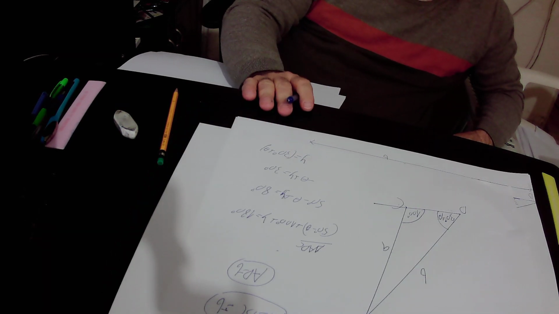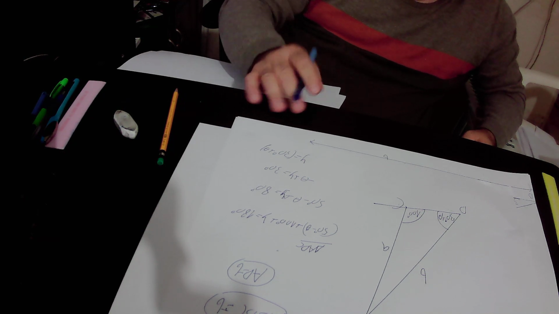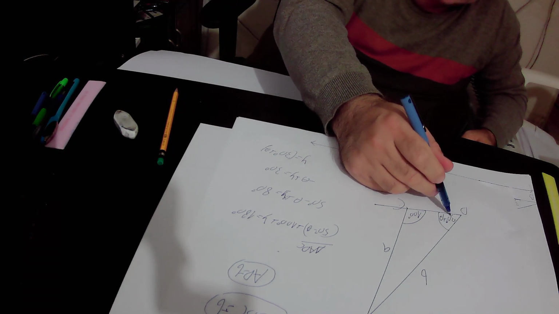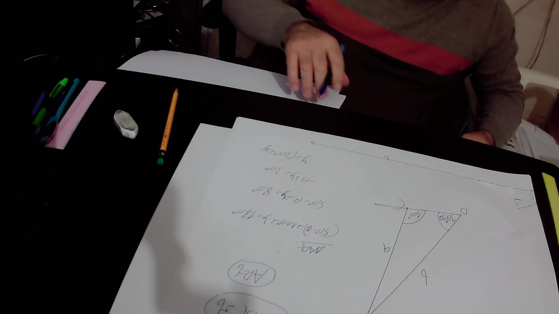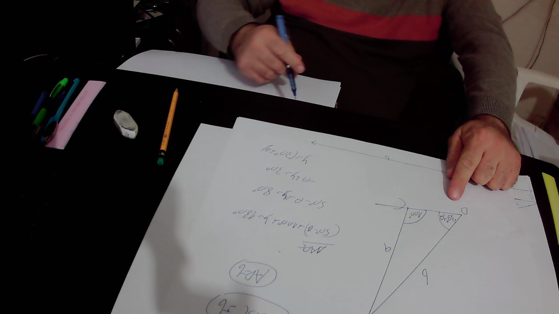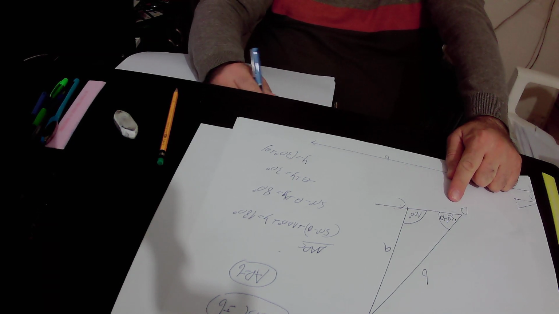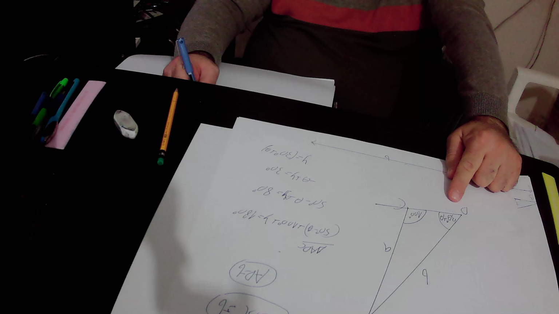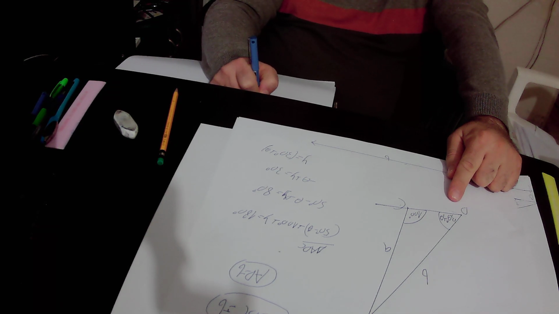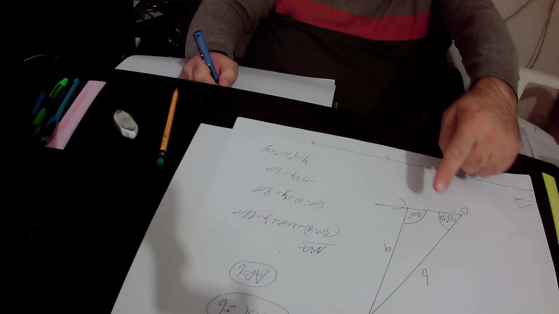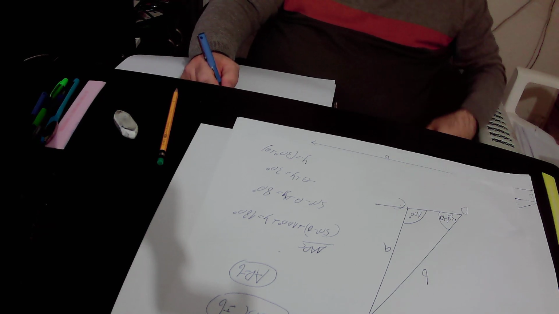And if we implement the law of sines in this triangle, triangle ADC, we will get that A over sine of 30 degrees plus theta will be equal to B over sine 100 degrees.